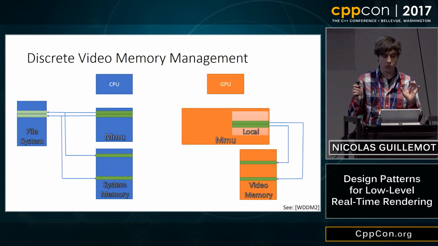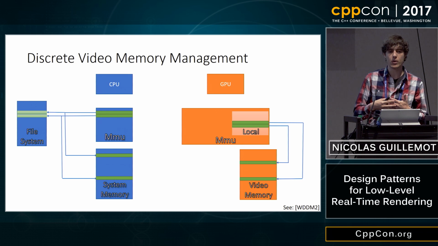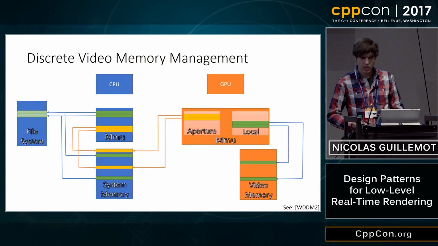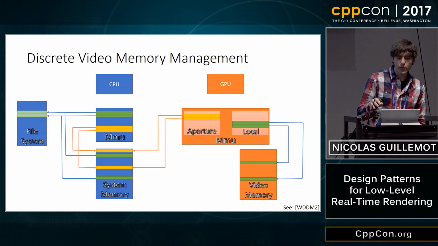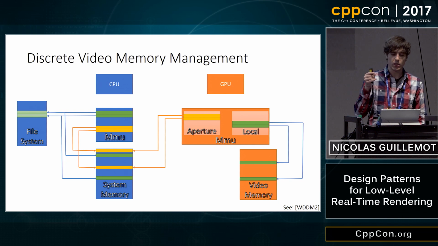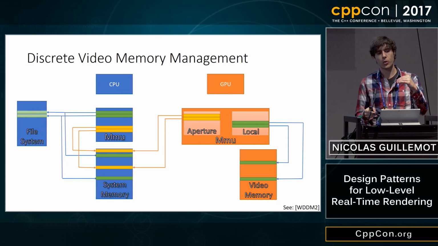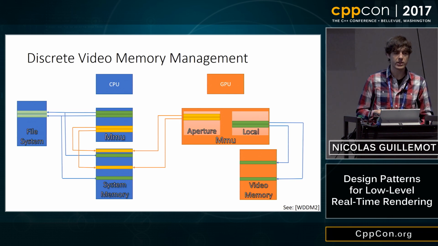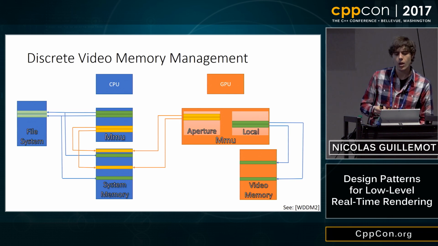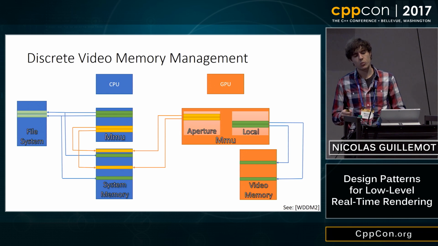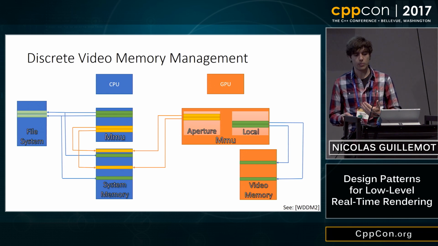And now we get to the weird part where the two devices kind of start crossing over each other. So one thing you can do, for example, also, is you can have pages of memory in system memory, which the CPU can refer to, of course, using its own virtual memory space, but also the GPU can refer to it using its own virtual address space. So this is one way in which you can share memory between the CPU and the GPU.